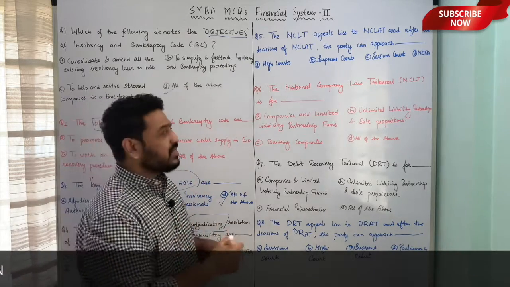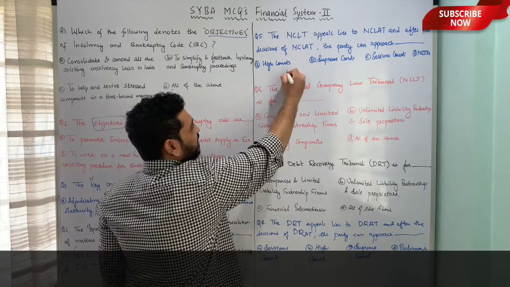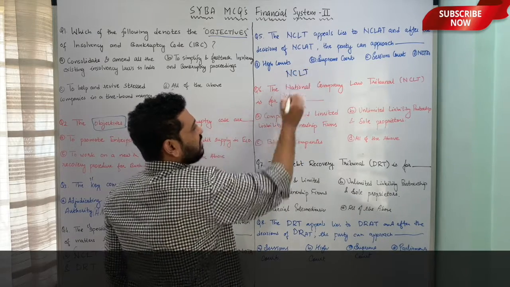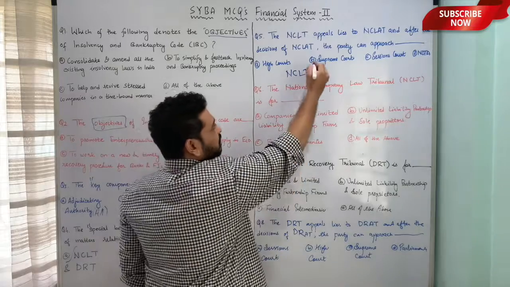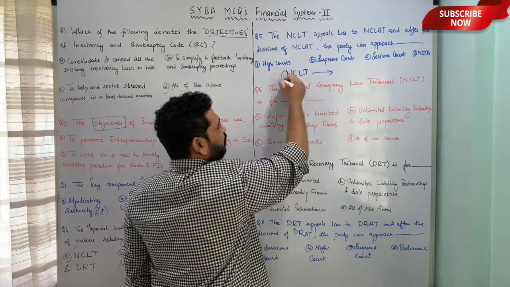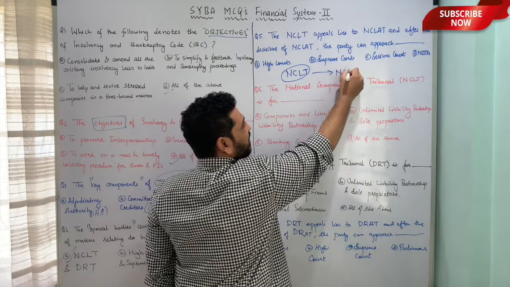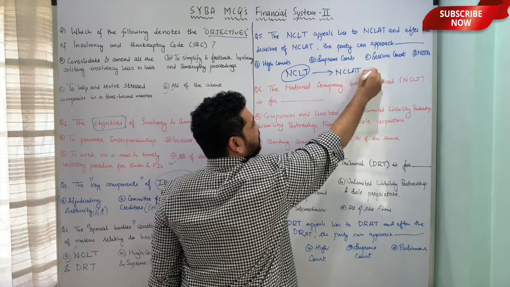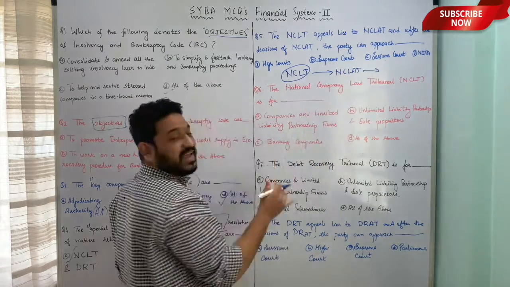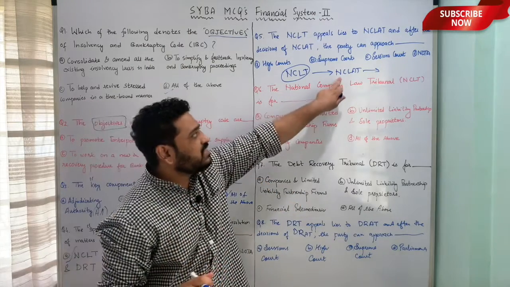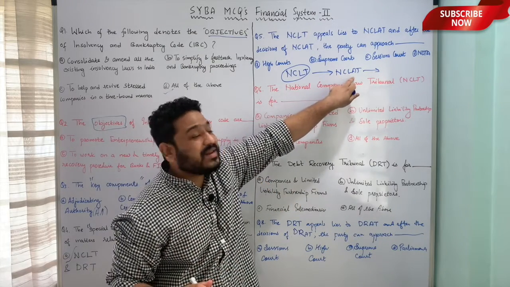So you have to understand the process. There is NCLT, that is National Company Law Tribunal. The appeals which are made to NCLT are heard by NCLAT, and then the decisions are made. An aggrieved party cannot approach NCLAT directly.